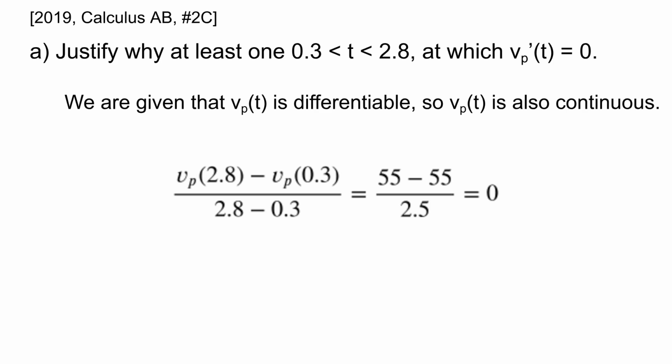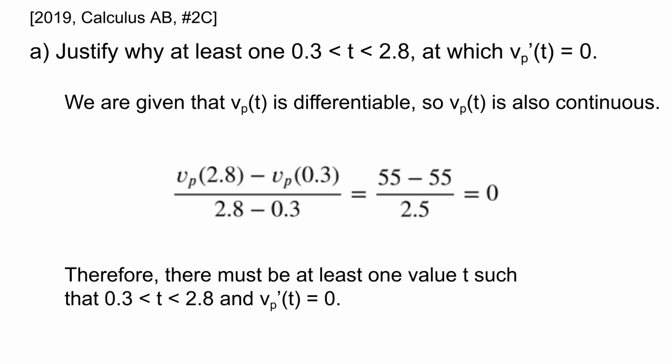So if we use the formula for the average rate of change over the interval from 0.3 to 2.8, we get v sub p of 2.8 minus v sub p of 0.3 over 2.8 minus 0.3. And since v sub p of 2.8 and v sub p of 0.3 are both 55, this is going to come out to 0. Therefore, we can conclude that there must be at least one value of t such that t is between 0.3 and 2.8 and v sub p prime of t is equal to 0.